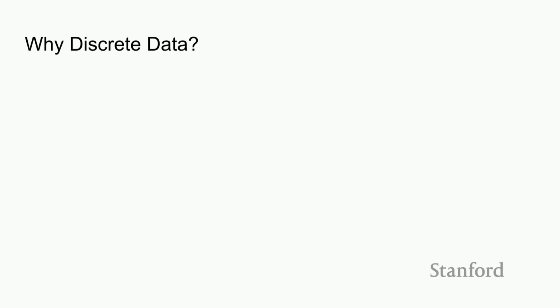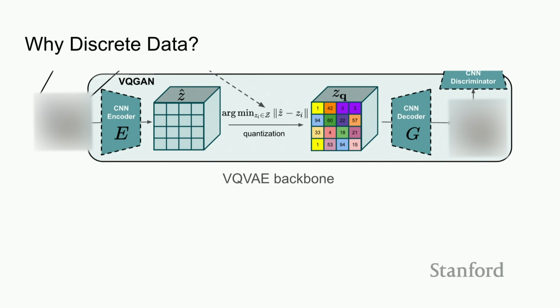And finally, and this is a bit counterintuitive, we also see a return to discreteness for stuff like images. So this is the schematic for a VQ-VAE backbone. A VQ-VAE or VQ-GAN is one of the many building blocks in systems like Stable Diffusion. And in the middle, we have this discretized representation, these discretized latent space vectors.